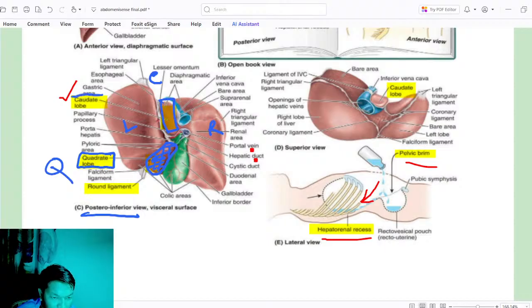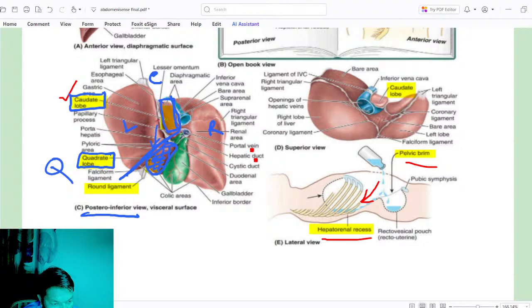This doesn't give any clue, so I try to remember it like this: C comes alphabetically first, A, B, C, and Q comes last. So the quadrate lobe will go down, and the caudate lobe will remain in the upper part. The quadrate lobe anatomically is a part of the right lobe, right and left divided by the inferior vena cava.